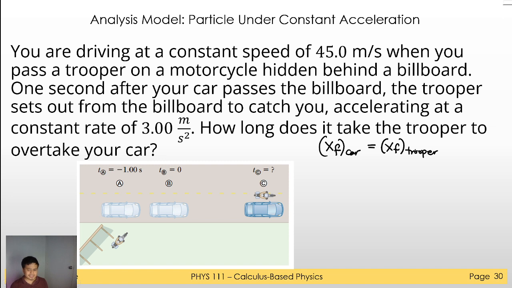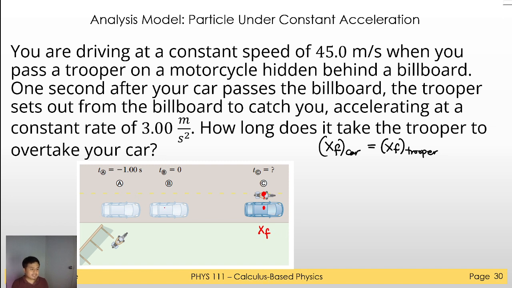How do we do this? This is actually a little bit complicated, but let's break things down. Their final positions here, xf, will be the same, right? So this is the xf of both. This should be equal for both.